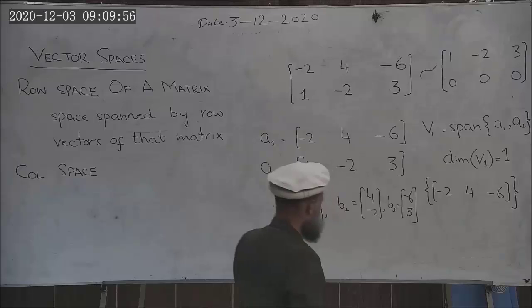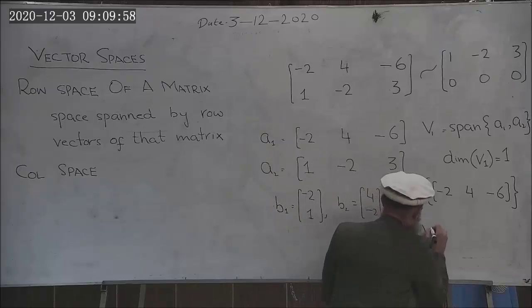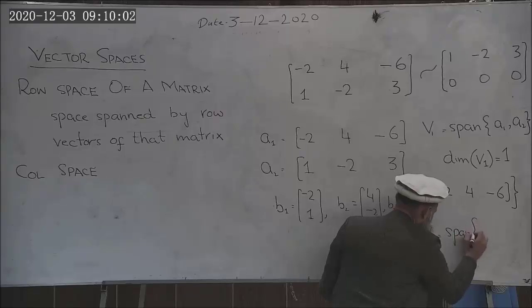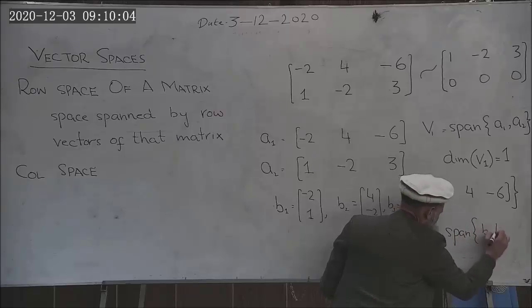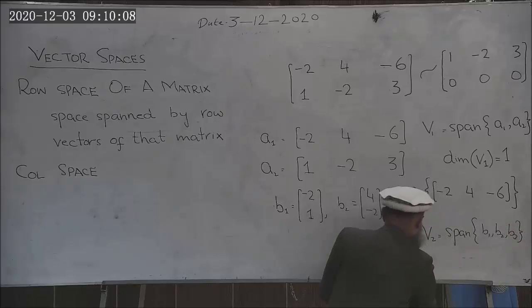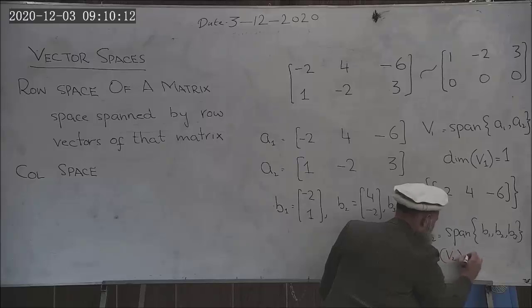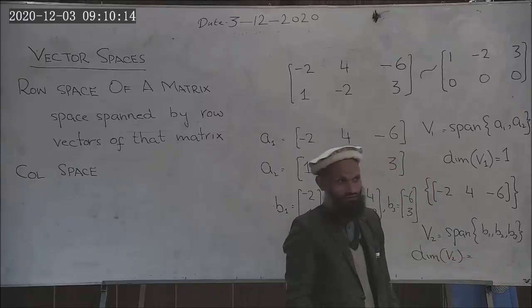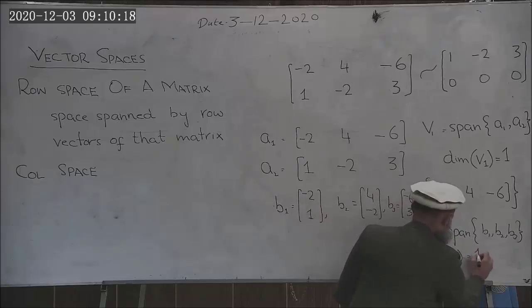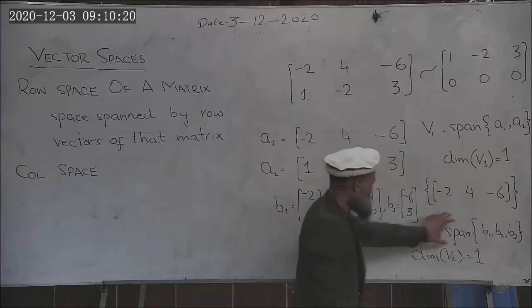Call that vector space V2. V2 is the span of B1, B2 and B3, and the dimension of V2 is 1, because there is only one linearly independent vector in this set.